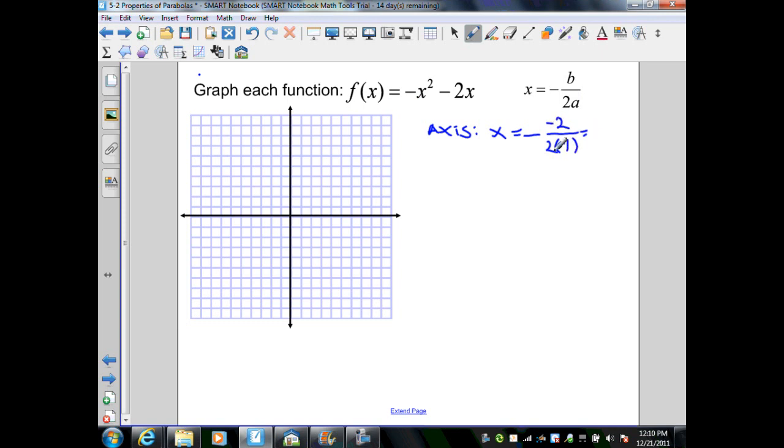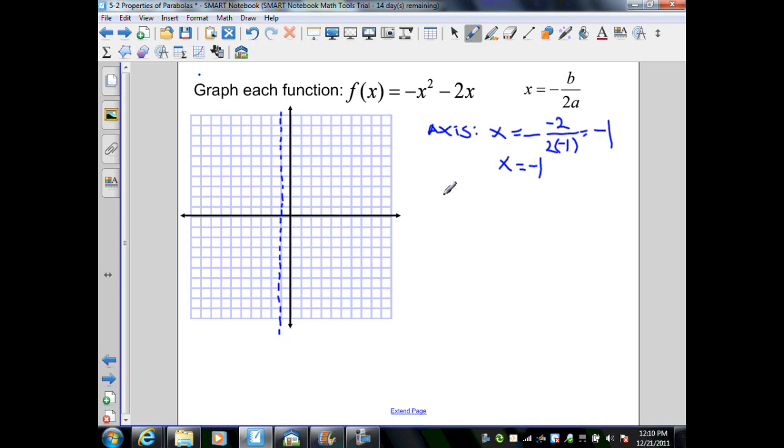Negative 2 divided by negative 2 is a positive 1, but that makes it negative. My axis of symmetry has an equation of x equals negative 1. I know that that is a vertical line through the x-coordinate of negative 1. And I'll generate a dotted line to show that on my graph. That's my axis of symmetry.